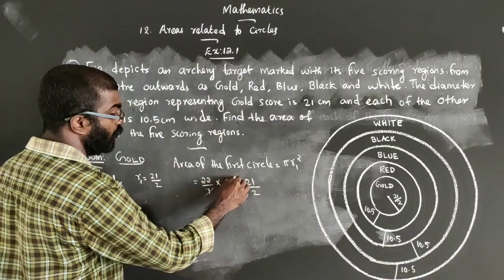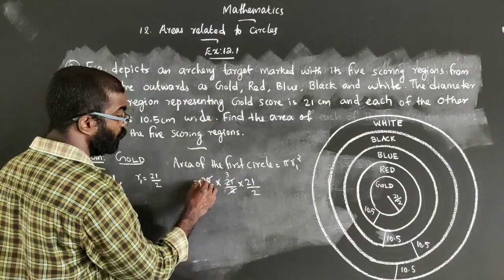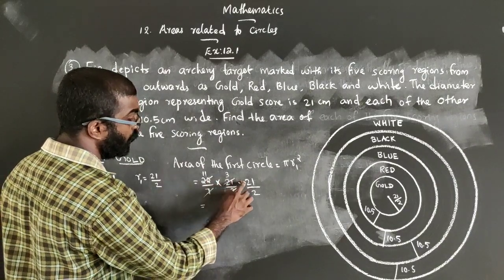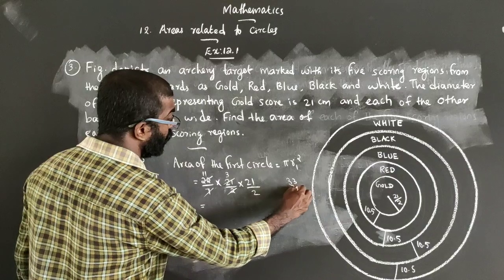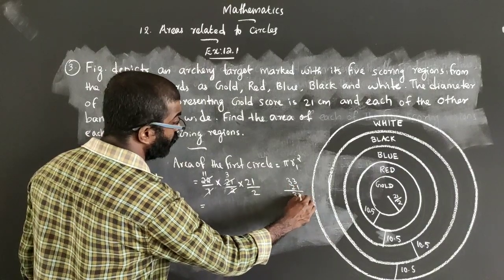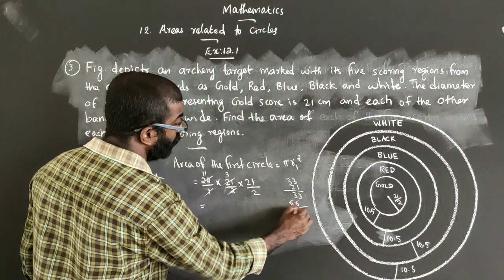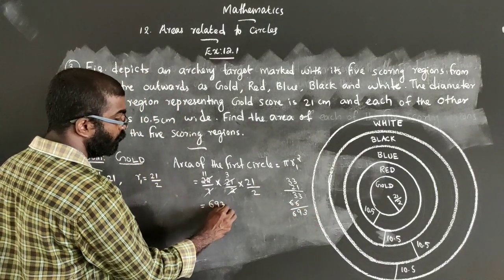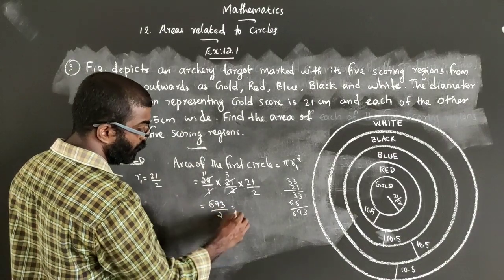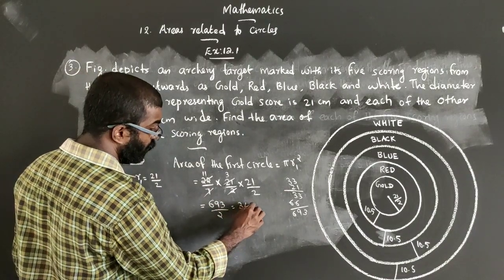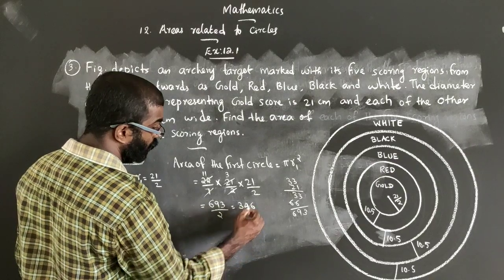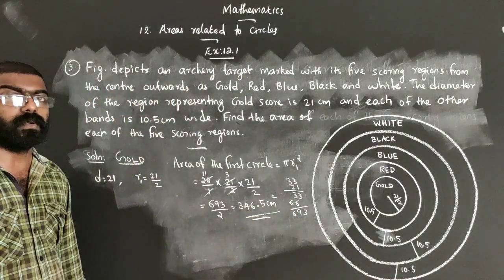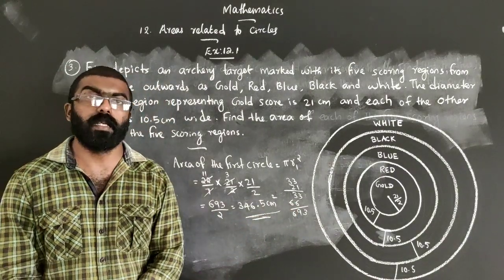This 7 and 21 we can cancel. 3, 2, 22, 11. Then 11 into 3, 33, 33 into 21, 693 divided by 2, which is 346.5 centimeter square.